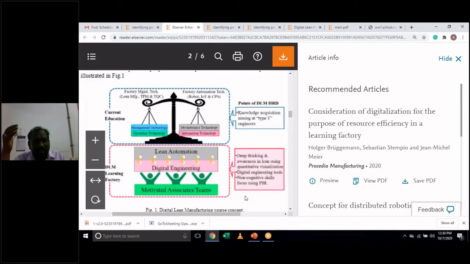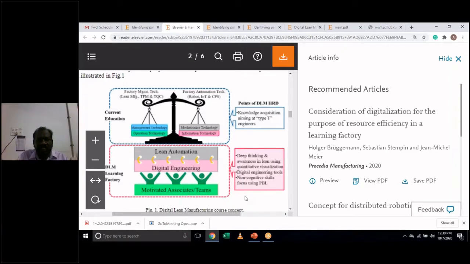On the other side, there are automation techniques, robotics, the Internet of Things, CPS, customized processing, and digital lean manufacturing. The lean factory is always thinking about digital engineering and motivating the associate teams. It is a deep thinking and awareness of lean, visualizing the engineering tools in consecutive skills and focusing them using the digital manufacturing scenario.